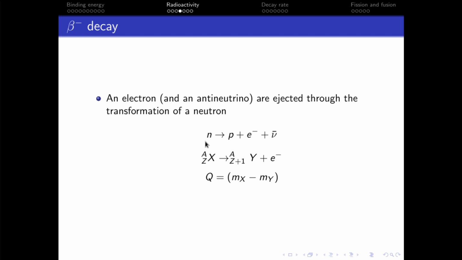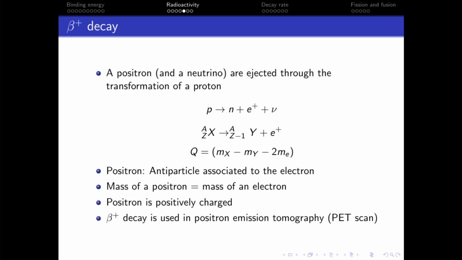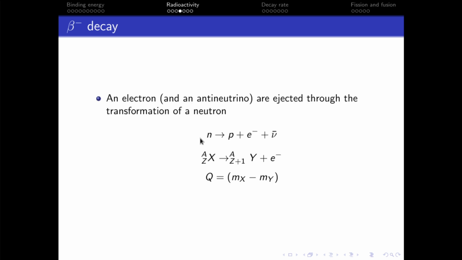In this case, we have a neutron inside of the nucleus. It will break into smaller parts. In fact, a neutron and a proton are not elementary particles. They are made up of smaller particles called quarks, so they can be broken down and transform into something else.